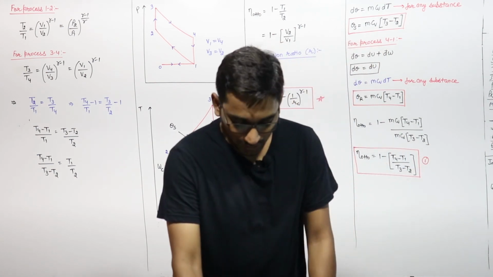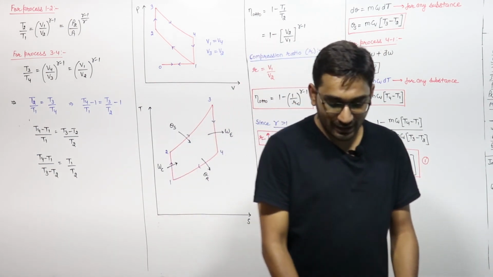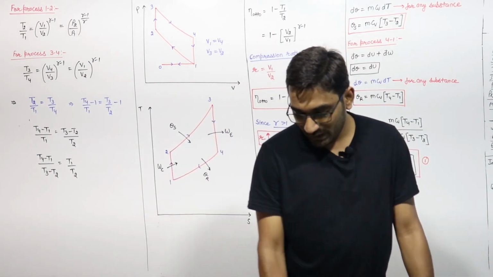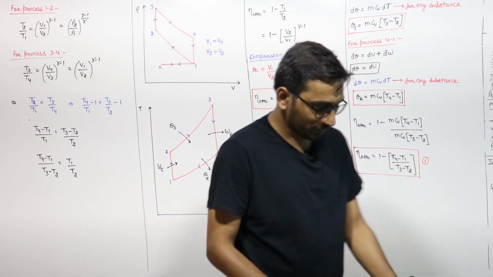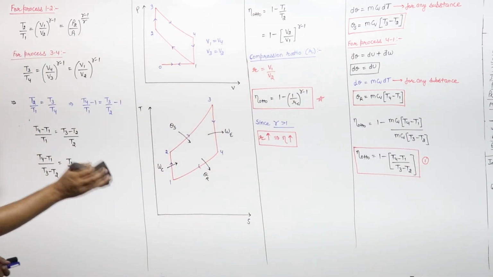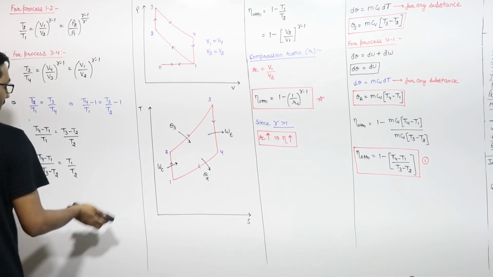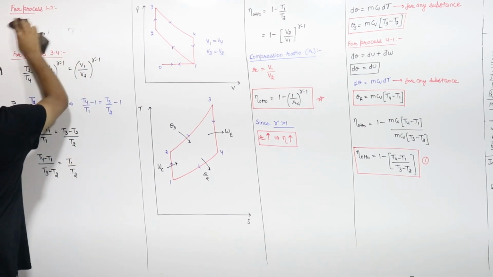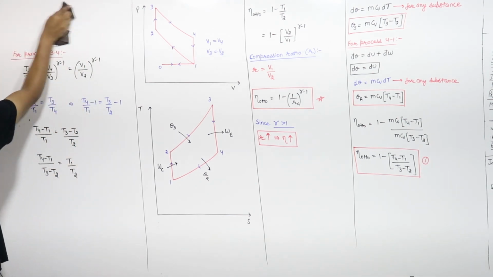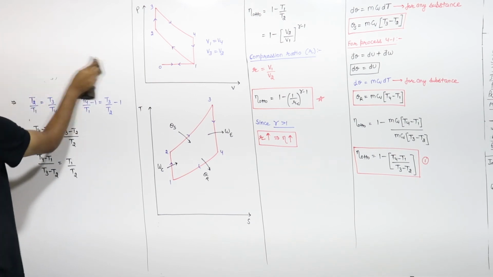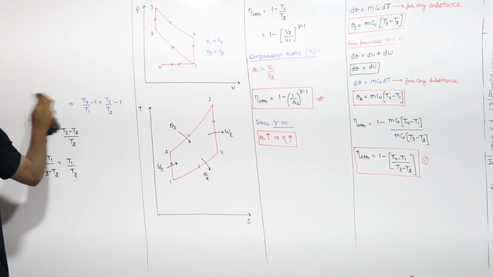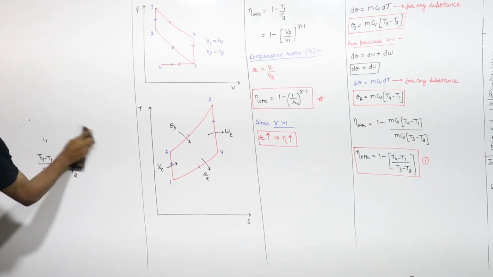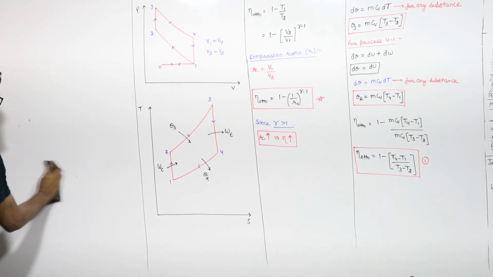Now in general, in this Otto cycle, or in all the cycles, we define a term that is known as mean effective pressure. Right, just pay attention.